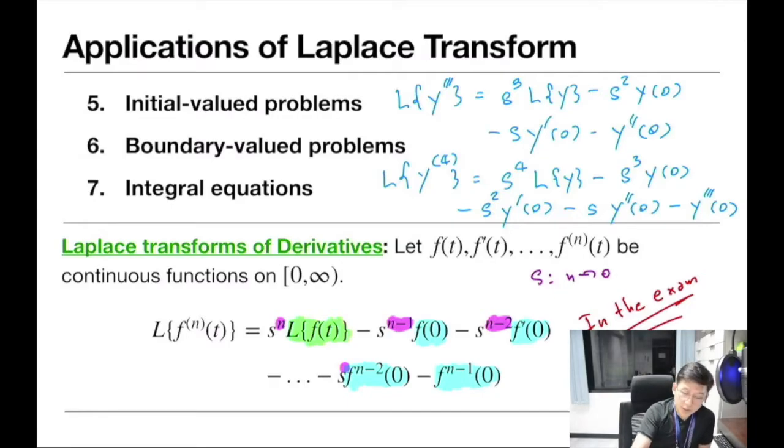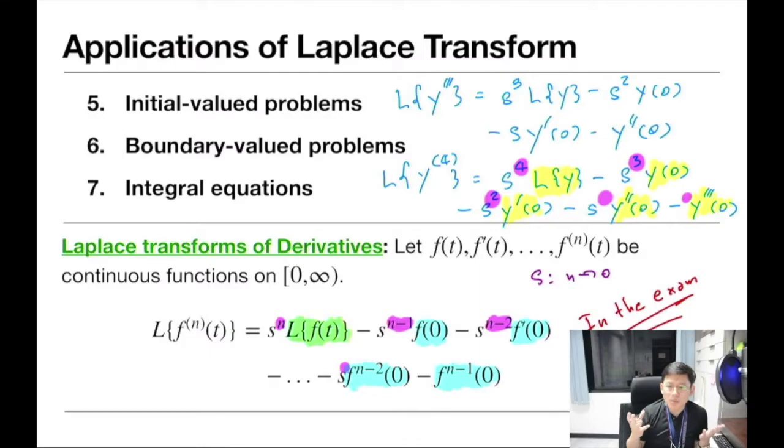See, the order of s goes from 4, 3, 2, 1, and 0 disappeared. And here it begins with the Laplace transform of y, and then you get y0, y prime 0, y double prime 0, y triple prime 0.